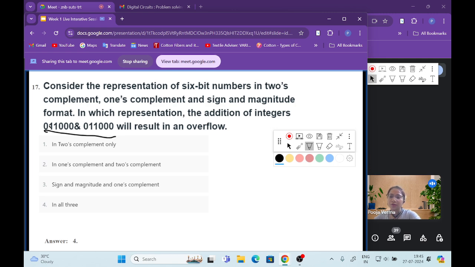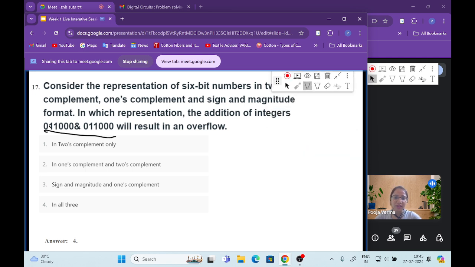Overflow means that by addition there is an extra bit after the 6 bits, because it is a 6-bit number. So after 6 bits, if anything else is there, that is called overflow. So let's check.